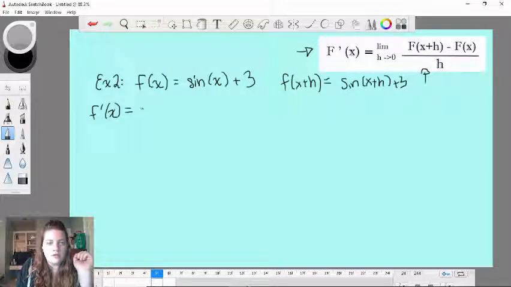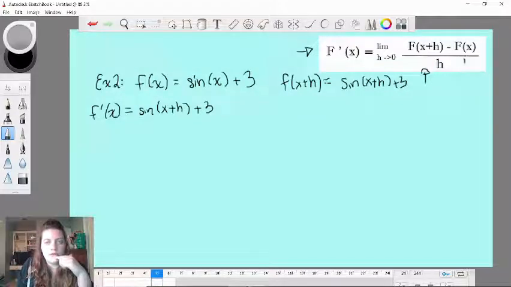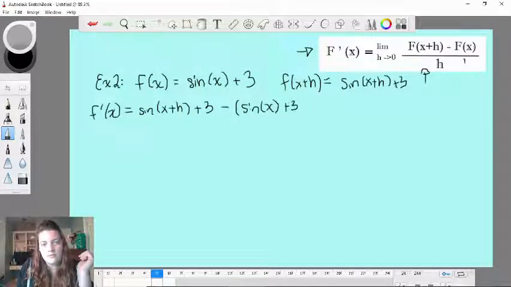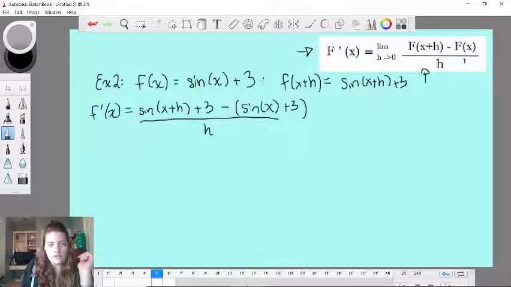So the derivative is sine of x plus h plus 3, and then you have to subtract f of x. So minus parentheses sine of x plus 3. All of that is over h.